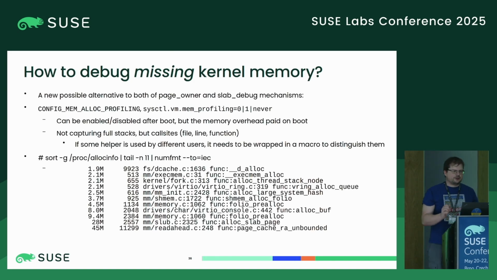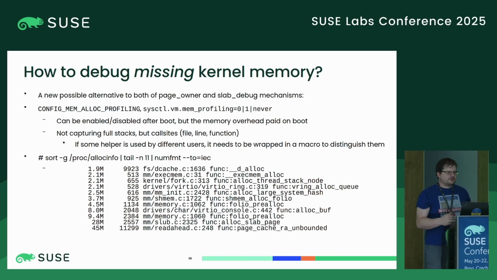There's also some new functionality in recent kernels that tries to be more lightweight and always enabled. That's memalloc profiling, but the downside is that it doesn't have the complete stacks, but only the immediate caller that's doing the allocation.